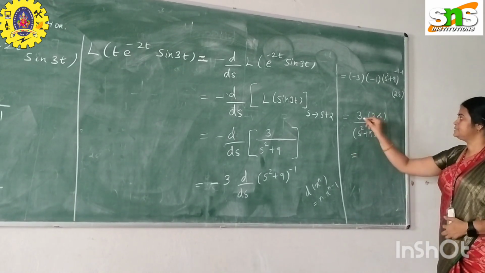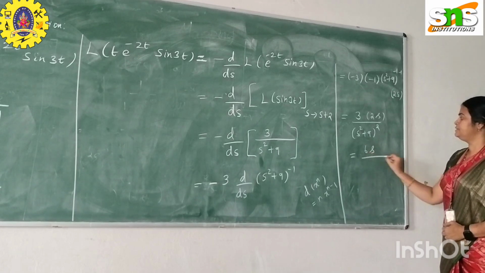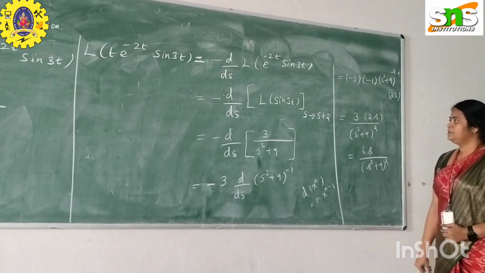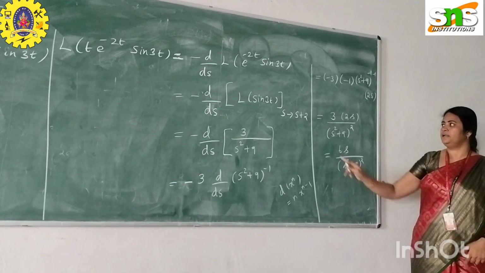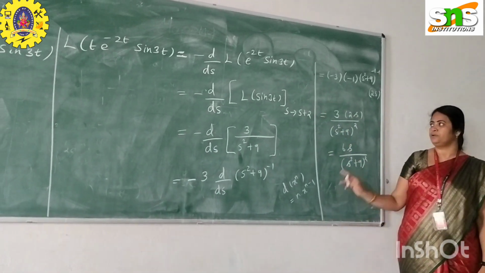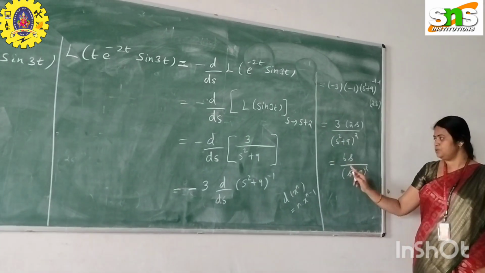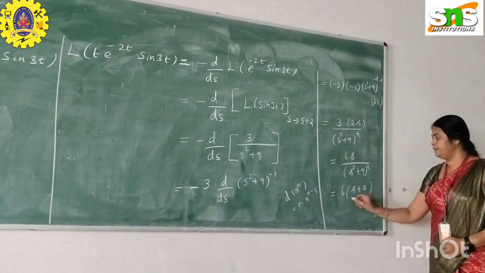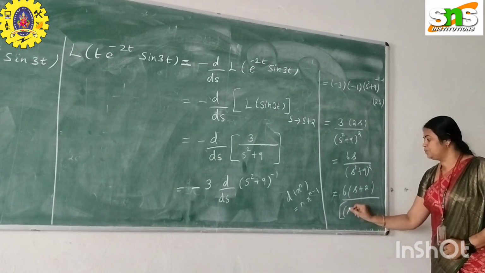So our answer is 3 into 2, 6s divided by s square plus 9 the whole square. But in the final step we have to replace s by s plus 2, because of e power minus 2t. So this is equal to 6 into s plus 2 divided by s plus 2 the whole square plus 9 the whole square.